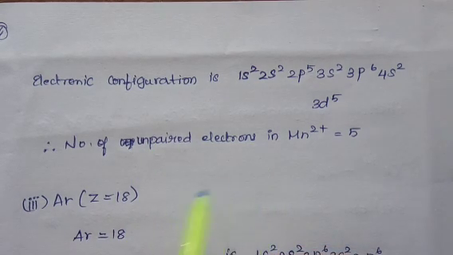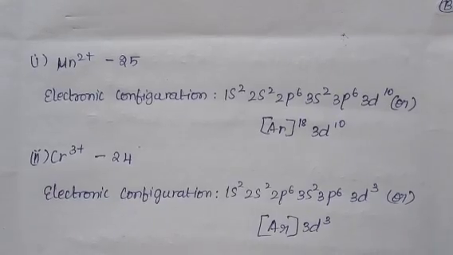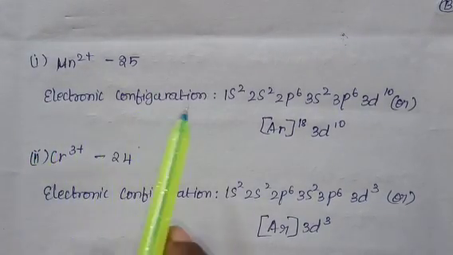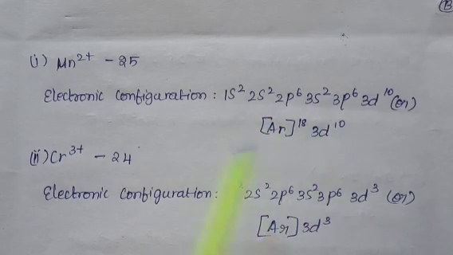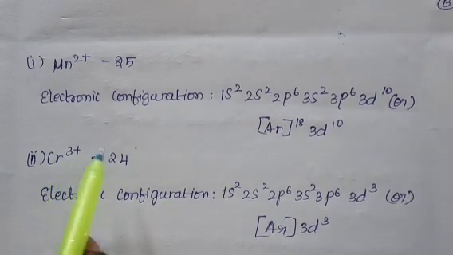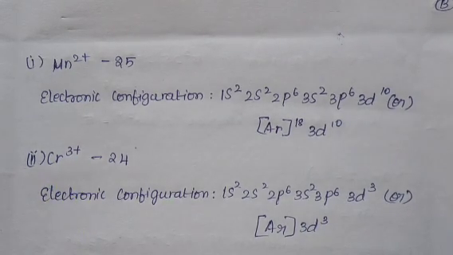Z is equal to 25. Electronic configuration 1s2, 2s2. This is the electronic configuration of Mn2+, 25. And this is the electronic configuration of Cr3+, 24.